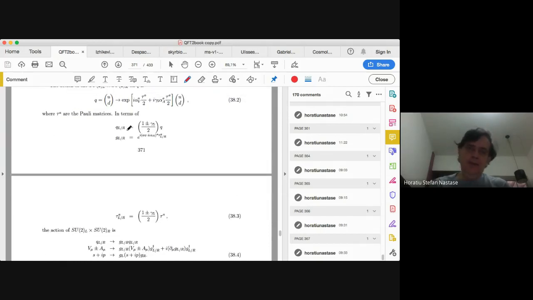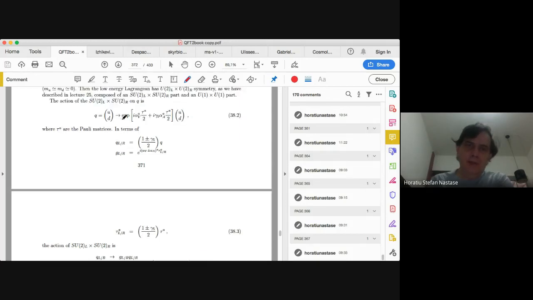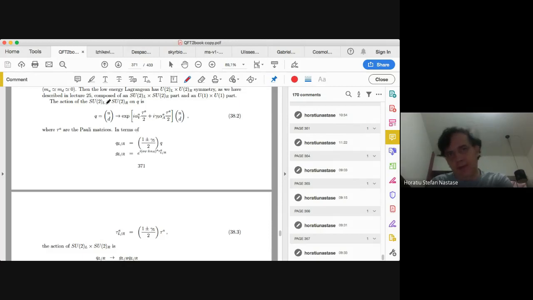Then the left and right parts of q are, of course, (1 plus minus gamma 5) over 2 q. And the left and right parts of the group element. So I wrote here SU2 left cross SU2 right, meaning that they're independent commuting left and right symmetries. But these left and right symmetries do not correspond to alpha V and alpha A, but rather to the combinations.